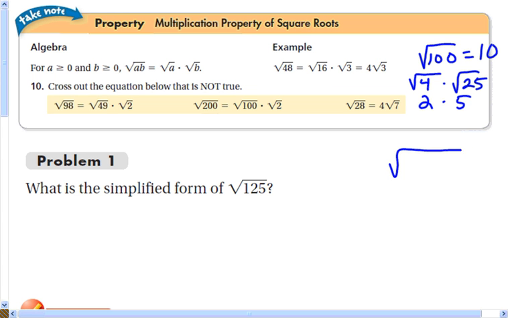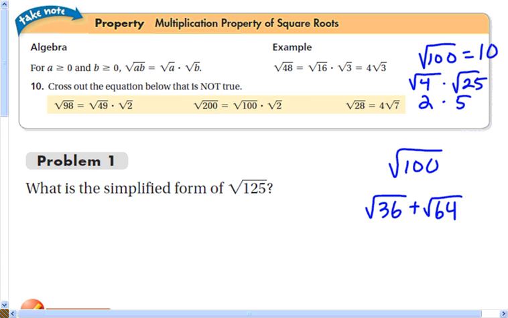And here's an example of how it doesn't work. You cannot break up square roots by sums. To prove that, again, I'll use the square root of 100. That's not equal to the square root of 36 plus the square root of 64, even though 36 plus 64 equals 100.